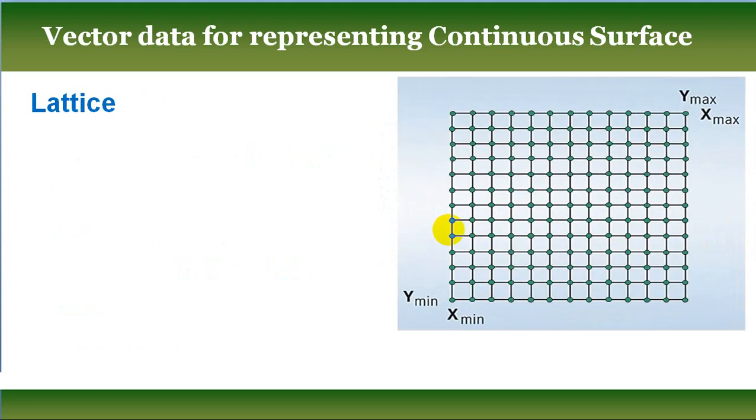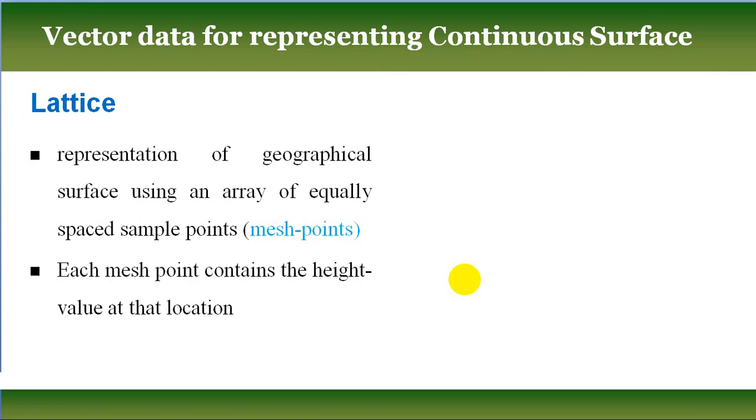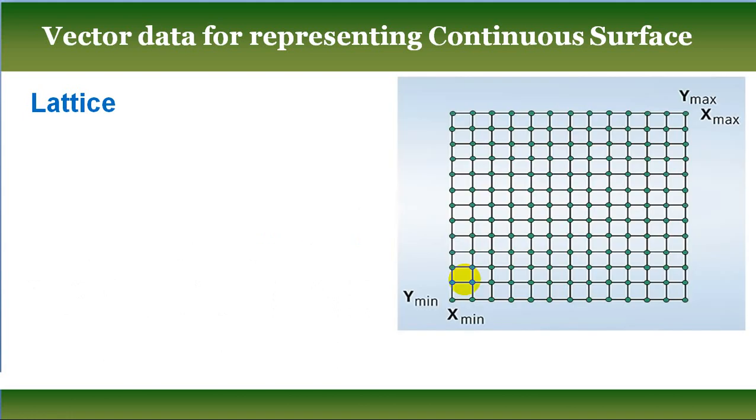This is also a collection of points, but in a structured way, where we store the point information in a row-column way with equal gap intervals. It is a representation of a geographical surface using an array of equally spaced sample points, something like this.